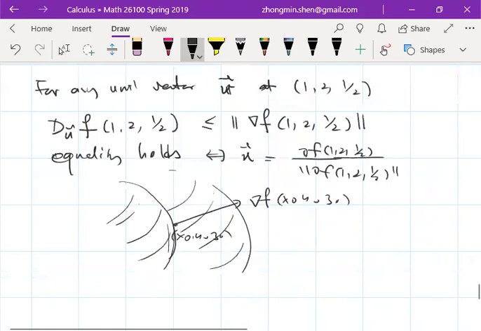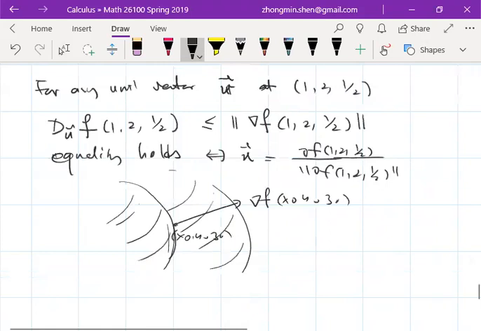So only in that direction does the function change values quickly, because along the level surface the function does not change value. So only in the direction perpendicular to the level surface does the function change values the most. So that is where the rate of change reaches the maximum value. This is the idea.